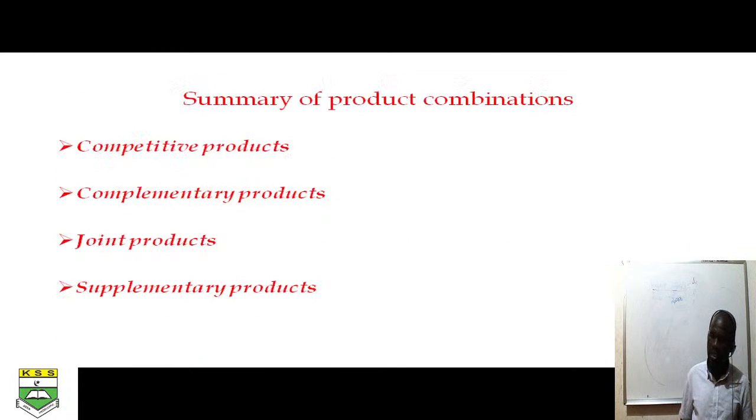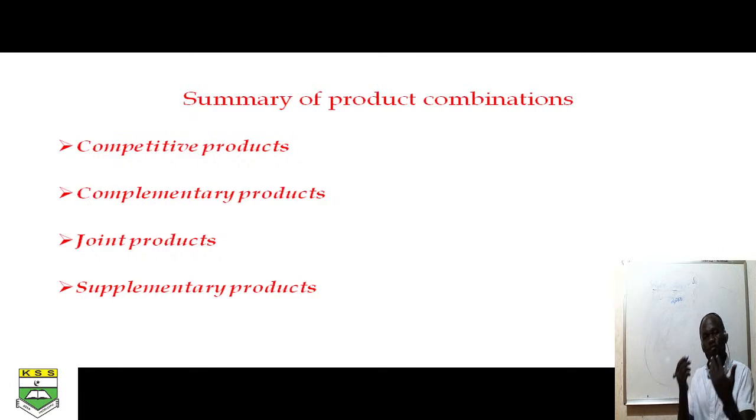So, in our summary here, we're saying our product combinations are mainly 4. We have competitive products, products that use the same resources. Then you have complementary products, products that can coexist without having any negative effect on each other. Then 3, we had our joint products, which result from the same production process.